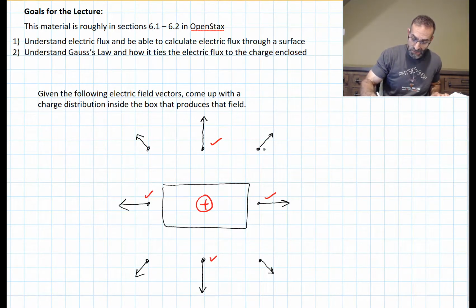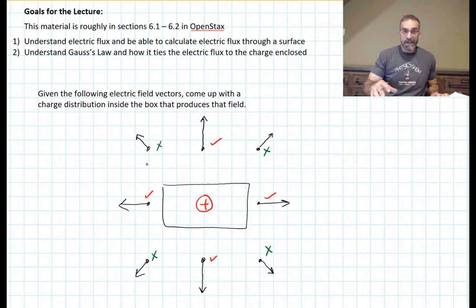And these four are a little farther away, so their electric field would be a little smaller due to the extra distance from the point charge. I think a point charge at the center of the box would be a good approximation of a charge distribution that would produce this electric field.